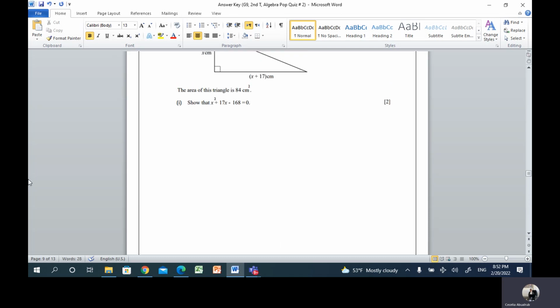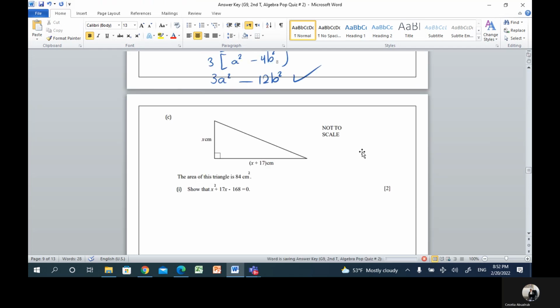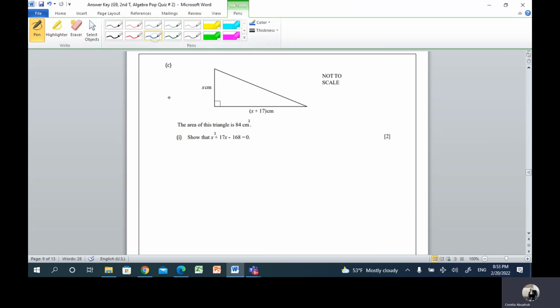Okay, how do we solve this problem is as following. So we have again a triangle, and they gave us the area of the triangle as 84 centimeters squared.